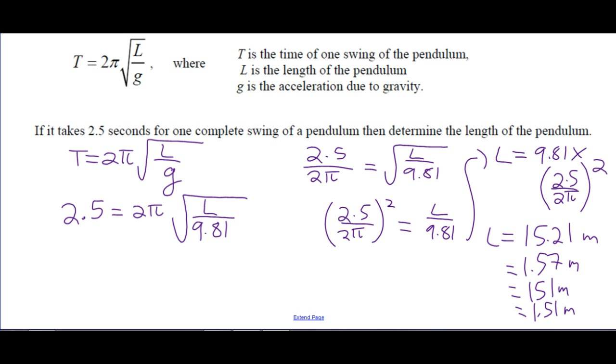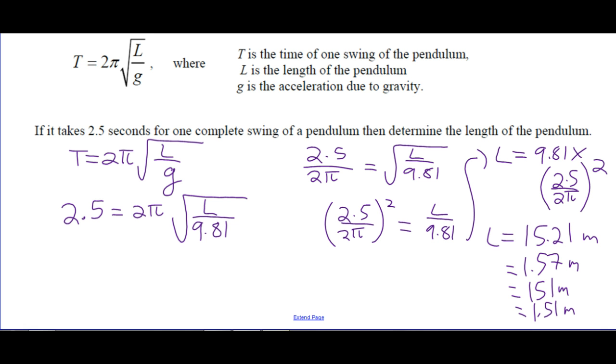Okay, so now here's what you do. You go back to here. You take the square root of your L divided by 9.81. You multiply that by 2 pi, and you see if you get 2.5.